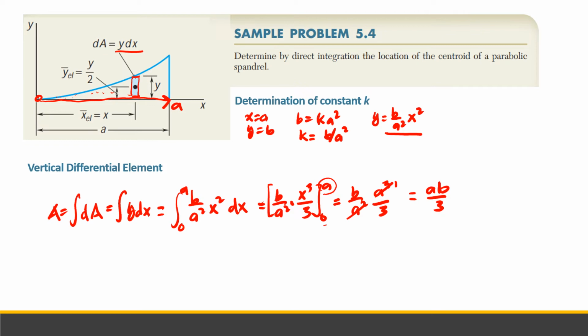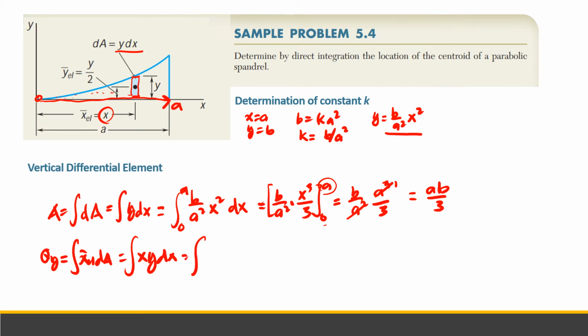Okay, so now that we have solved the area, so solve naman natin yung x bar and yung y bar. So the first moment of area with respect to y-axis, so that is Qy, is equals to the integral of x bar el dA. So x bar el is x and dA is y dx. x y dx.